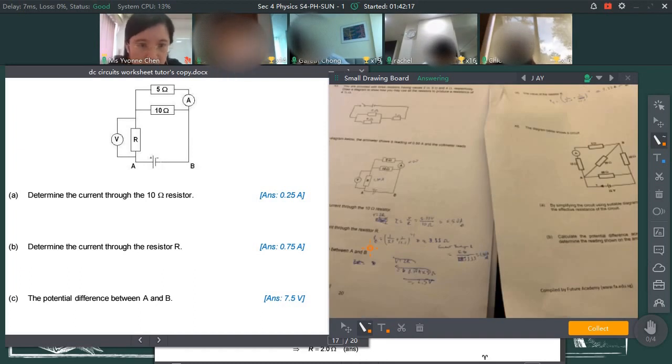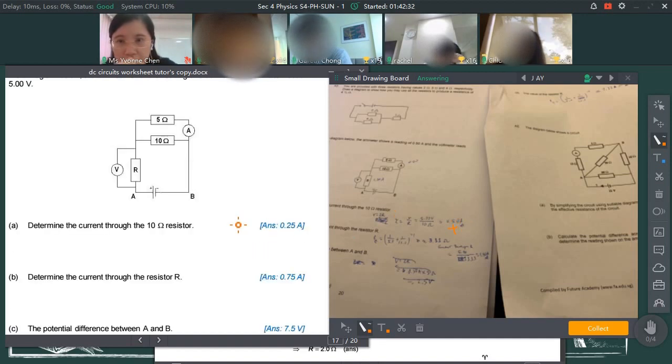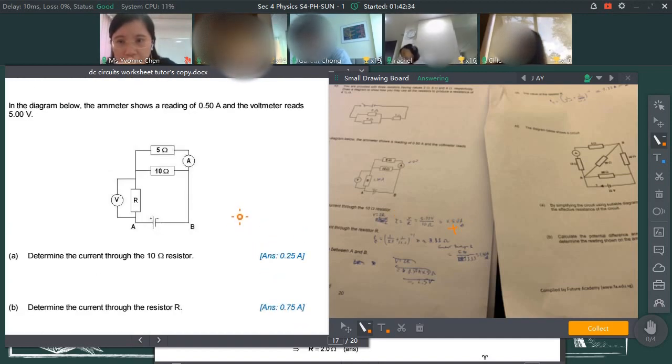Okay, I can see you're working. Jonathan, so your part A is 0.50, is it? Yeah. I don't think that's correct. So the current 0.50 is the total current.